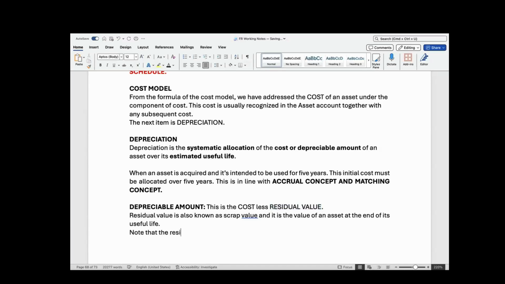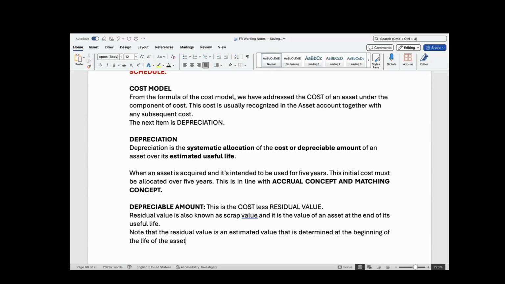Note that the residual value of the asset is an estimated value that is determined at the beginning of the life of the asset.